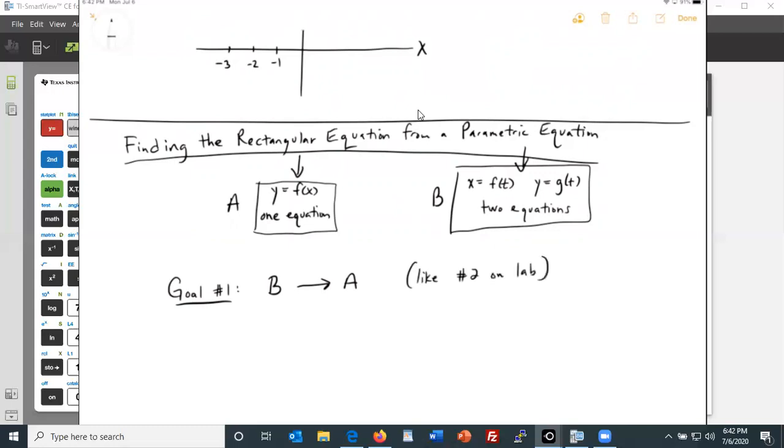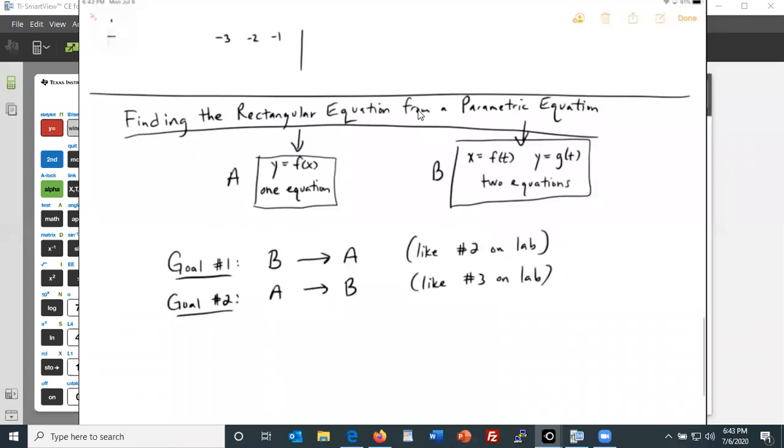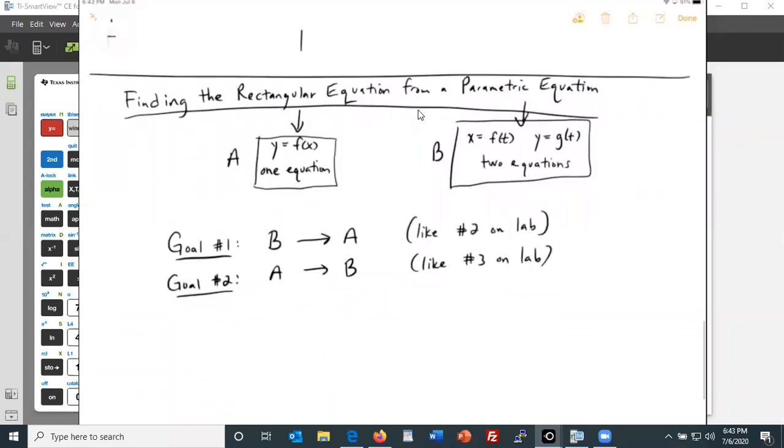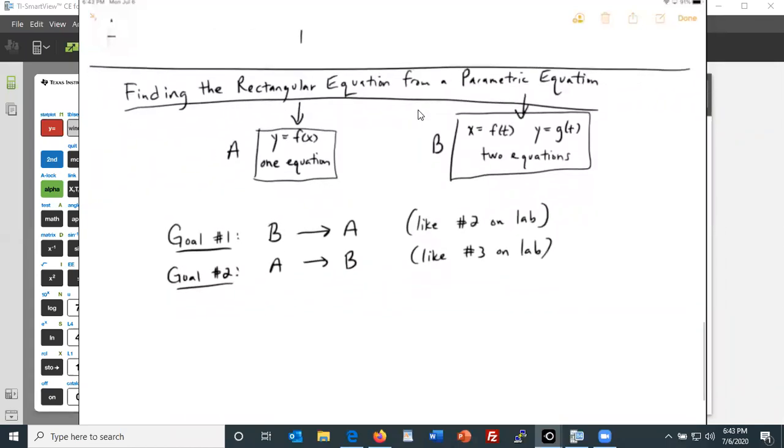We're going to do this goal before our first group work and break. And then when we come back from that, we're going to do goal number 2, which will be A to B, and that's going to be like number 3 on the lab. So that's our goal with this. Let's do goal number 1.